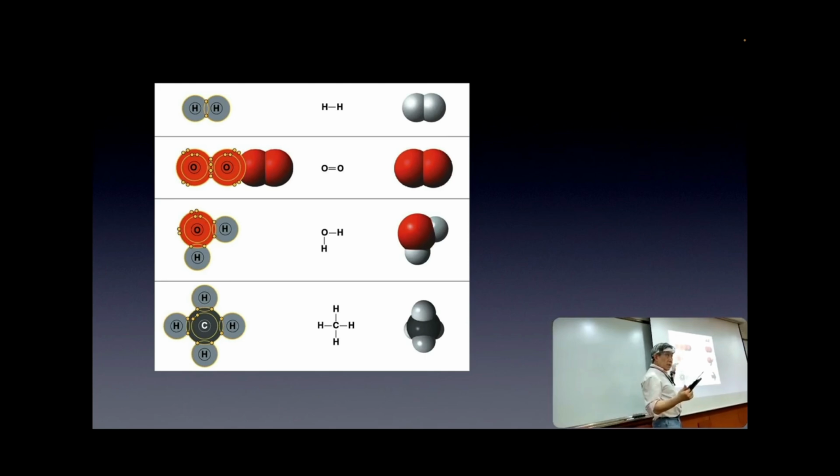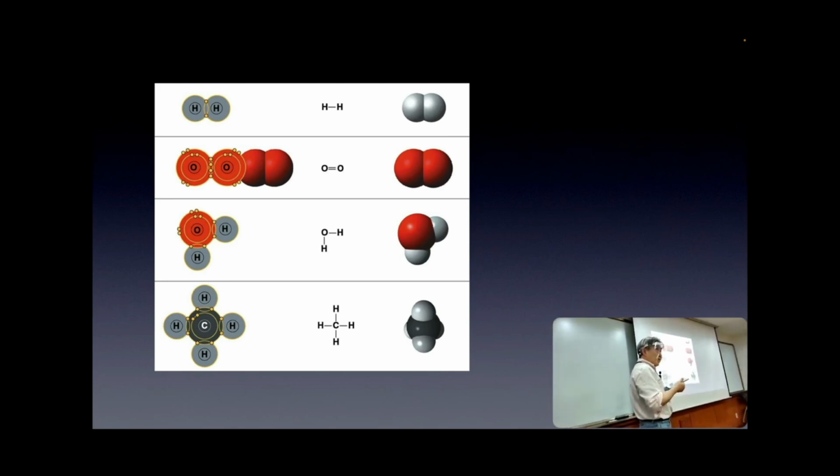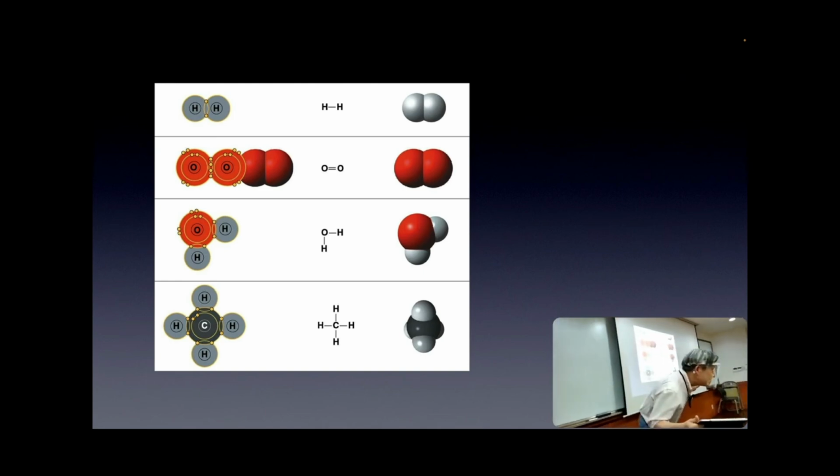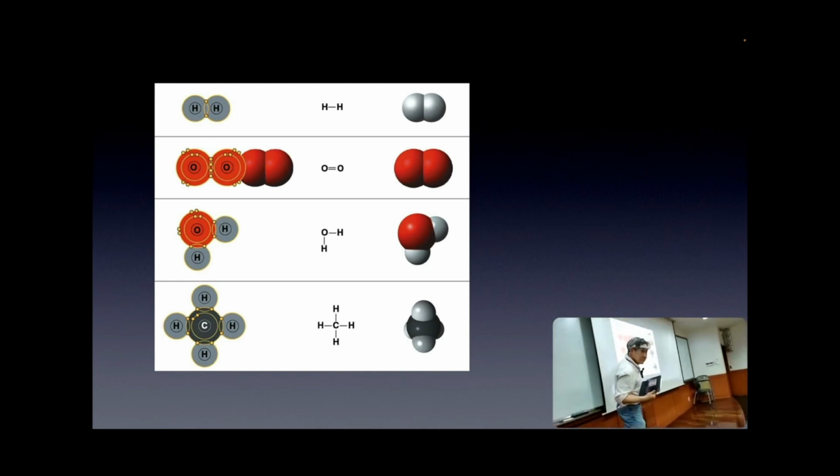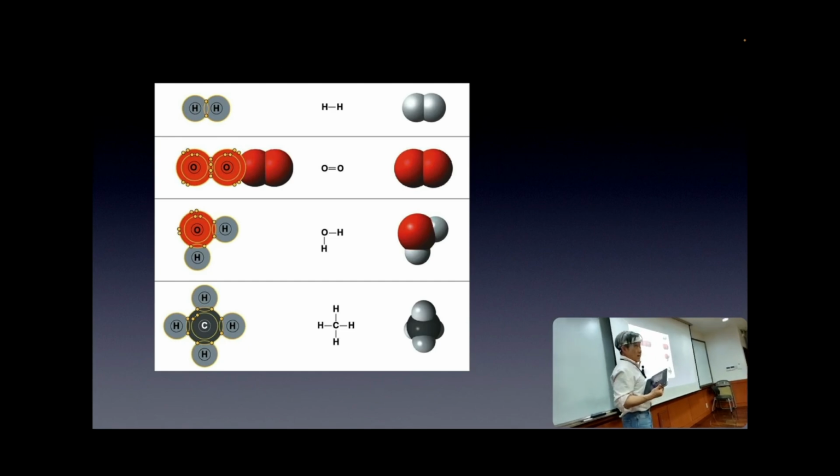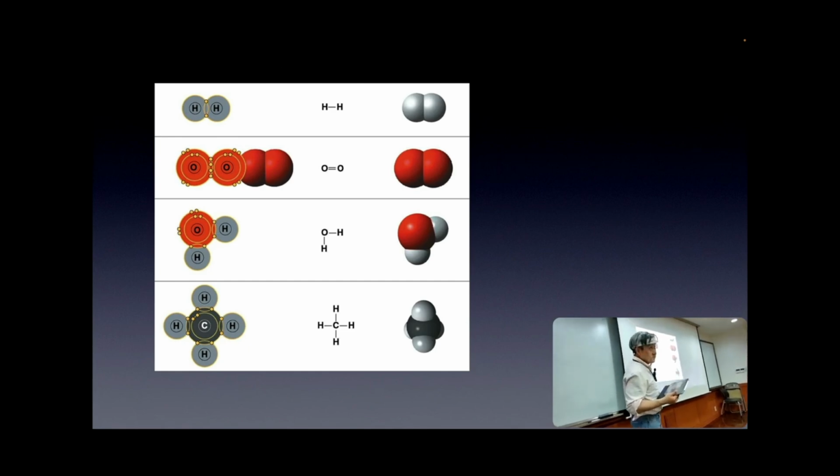Can you point out which one is the polar covalent bond over here? This one. Yeah, H2O. Why? The electron potential is so much different between these 2 parties.